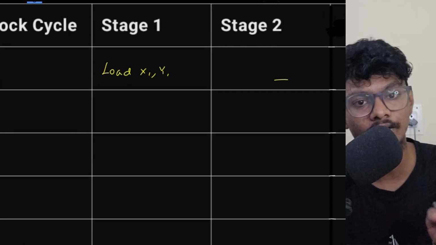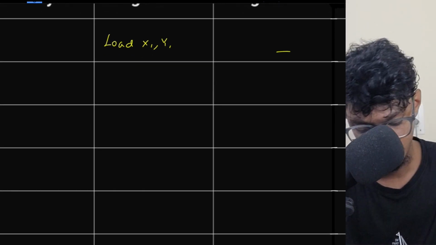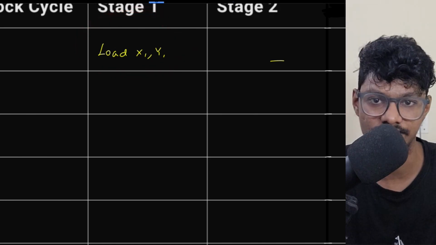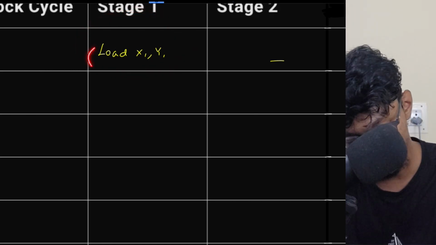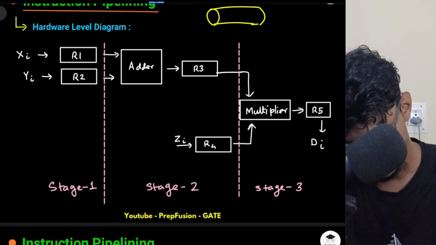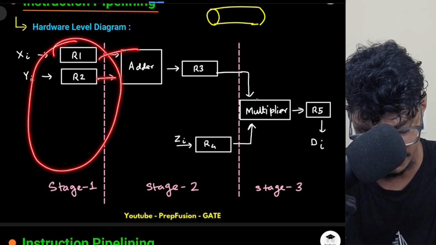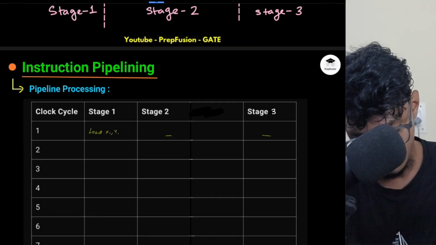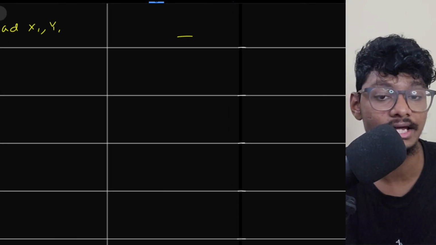Then in the second clock cycle, stage 1 has performed its task. It has loaded the values of x1 and y1, and it will pass them to stage 2.